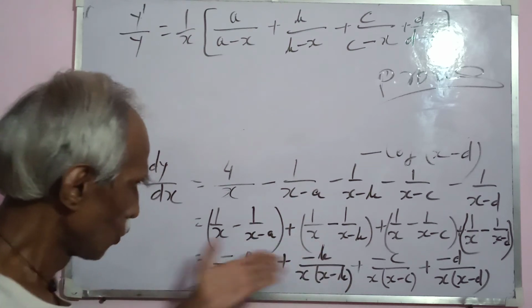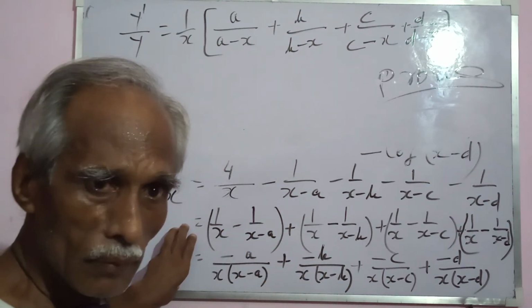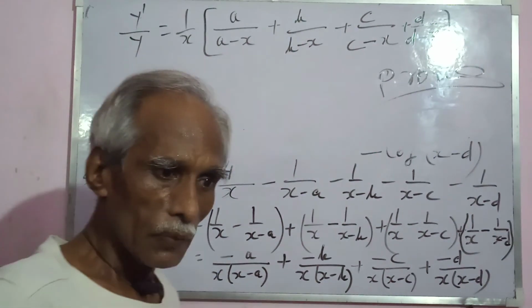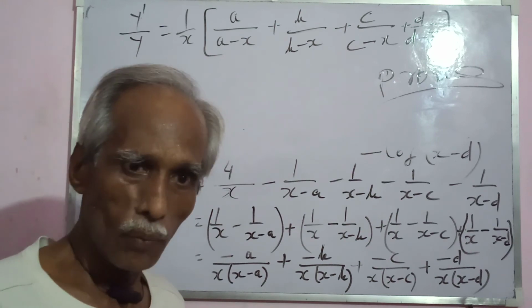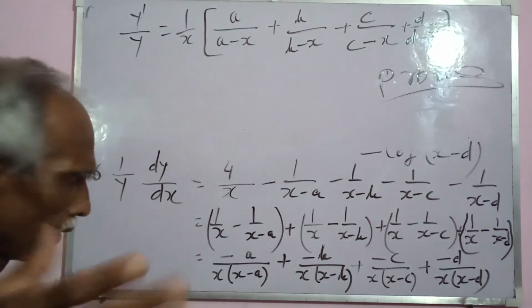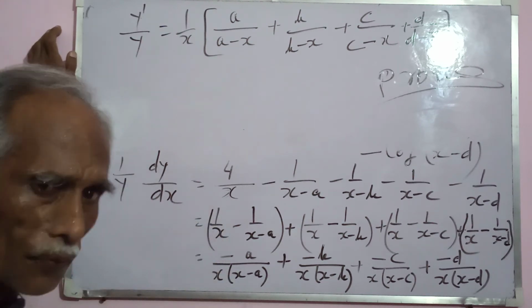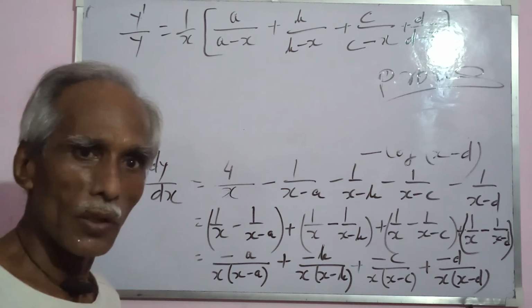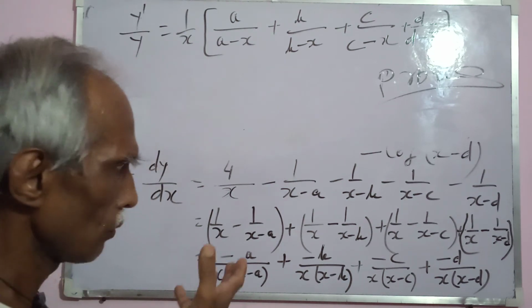That I have told you here. And this process, if you apply in your examination hall or at the time of doing sums at your home, inside home or outside in the examination hall or any other places, you can solve easily without feeling any boredom or any type of complex situation. You can solve this type of sums.